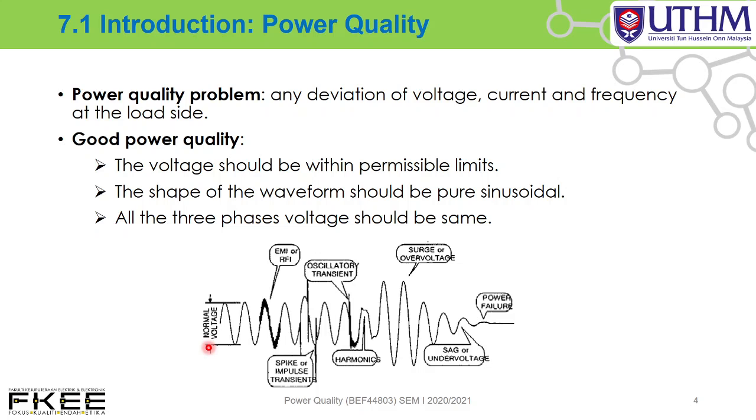You can see from the figure. The first part of the waveform we call normal voltage, a pure sinusoidal waveform. Then we can have EMI or RFI effect on the normal voltage, or maybe we can have a spike or impulse transient.